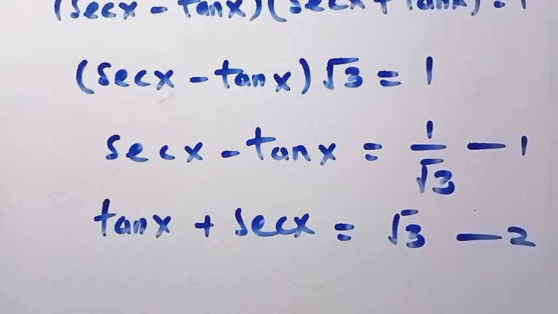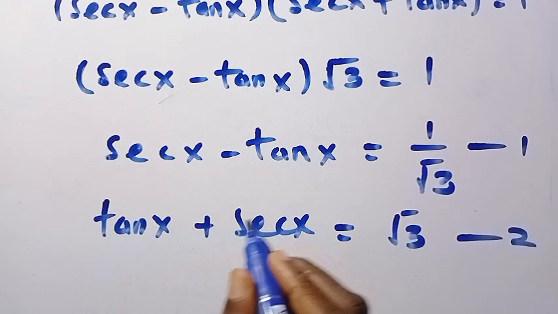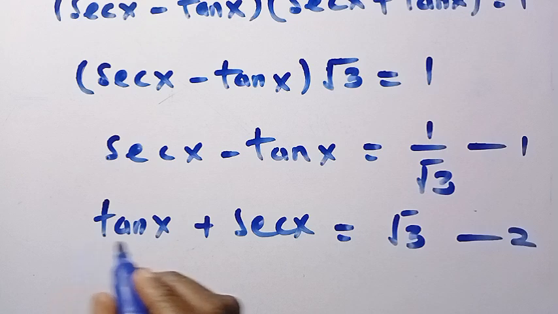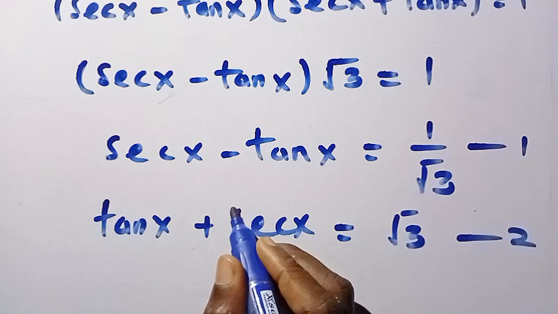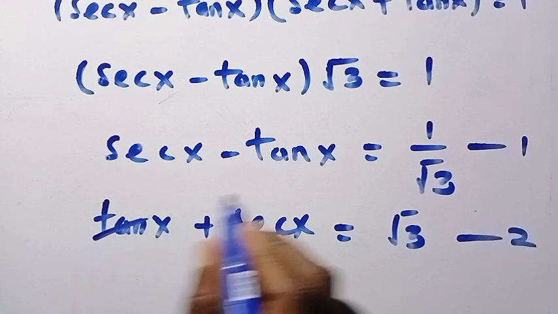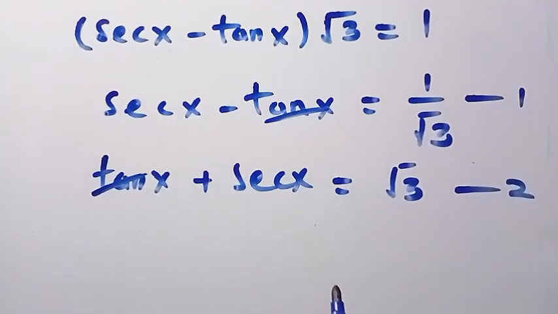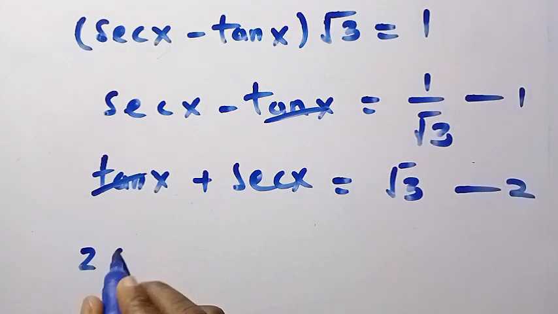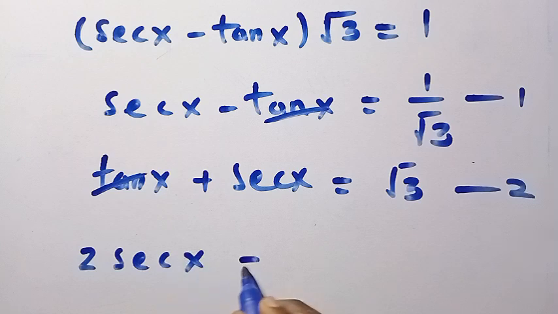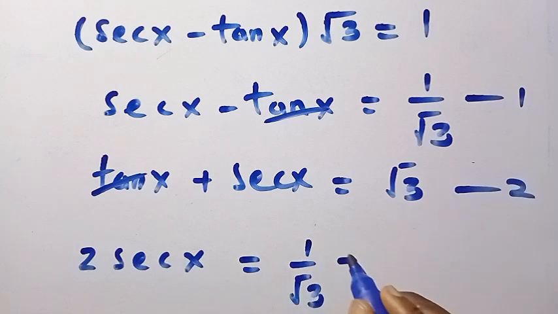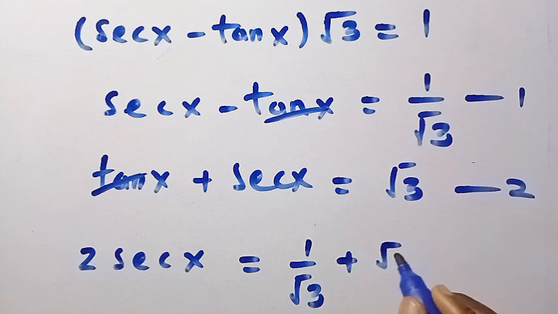Then, applying the elimination method of simultaneous equations, tan cancels tan. Then we add sec x plus sec x, which gives us 2 sec x, equals, adding the right sides together, 1 divided by root 3 plus root 3 over 1.